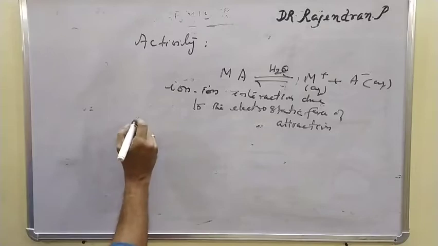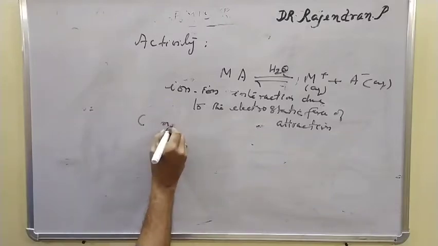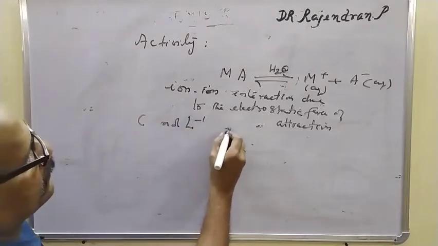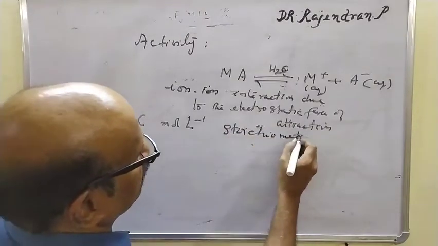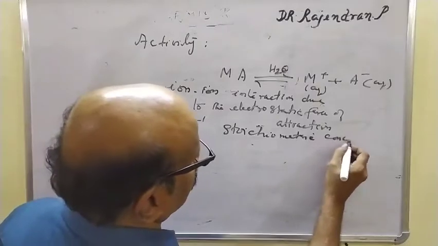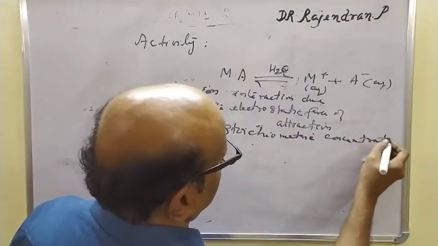Suppose we prepare an electrolyte solution of C moles per liter. That is called a stoichiometric concentration.